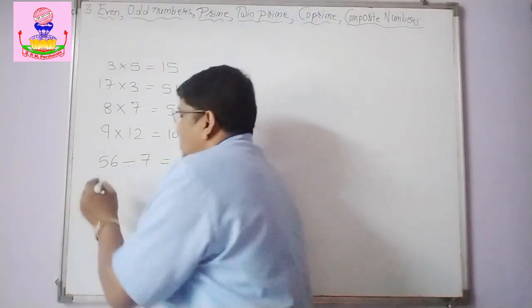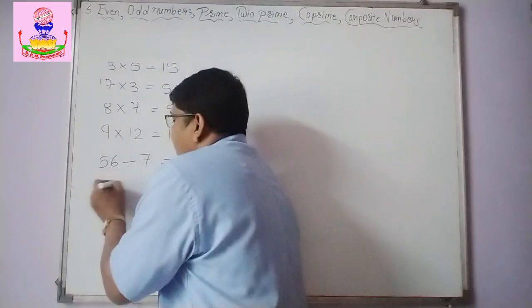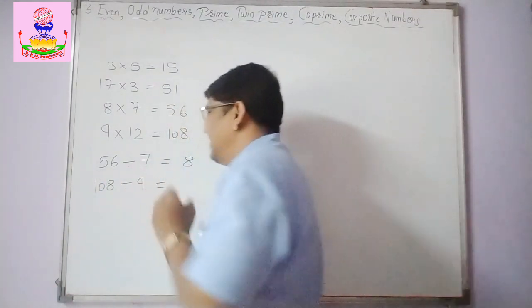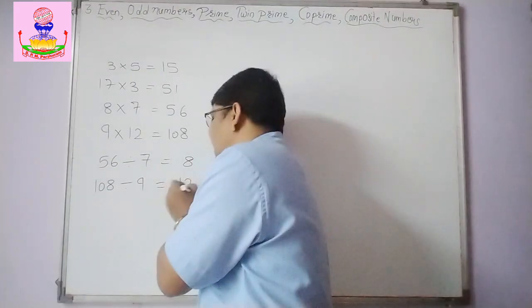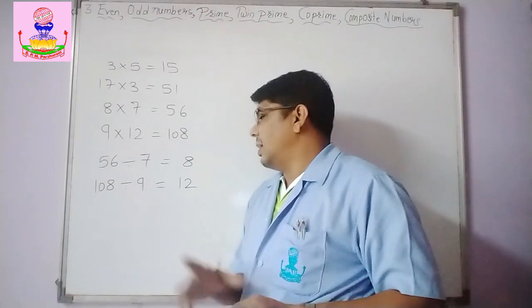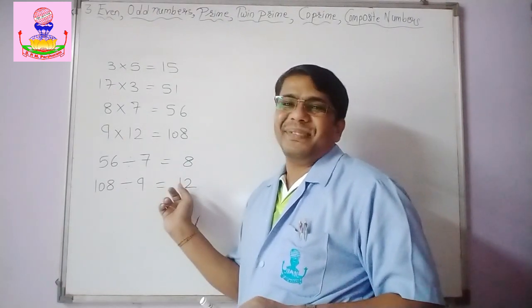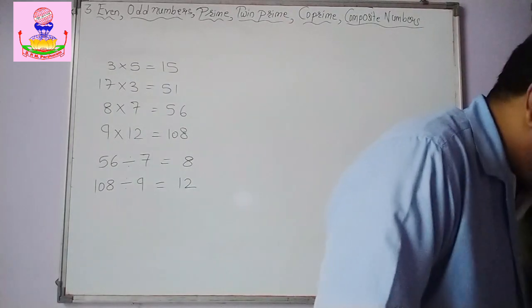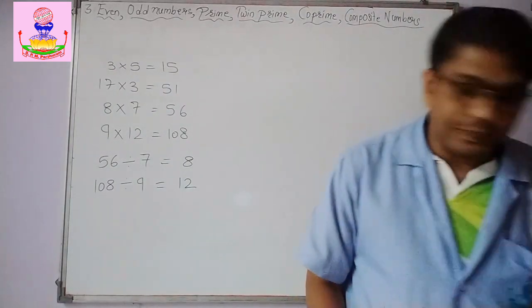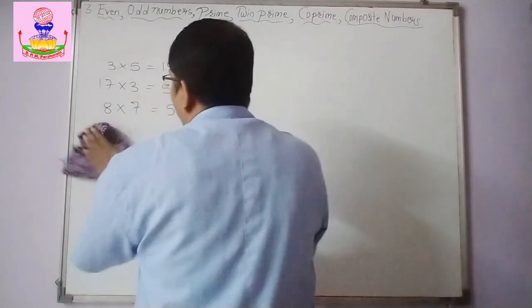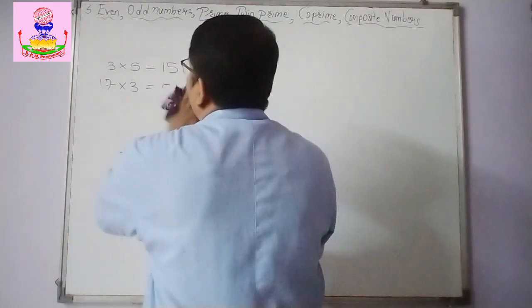Or suppose 108 divided by 9. What will I get? 12. So when I divide an even number by an odd number, I will get an even number. Do you understand? Okay, so this is related to even and odd. Now let us move further.